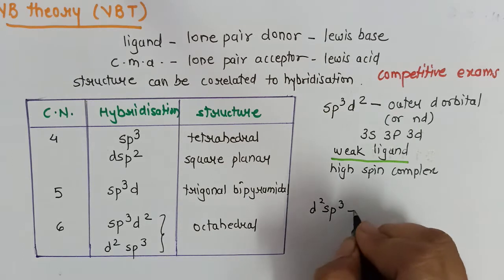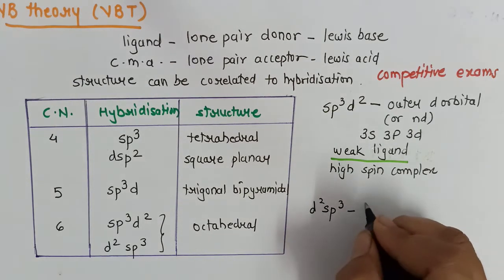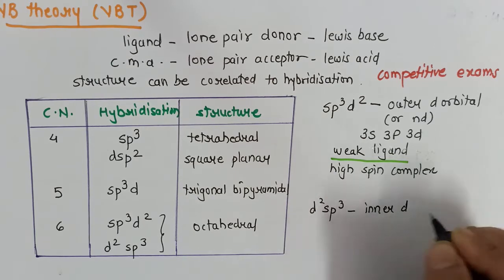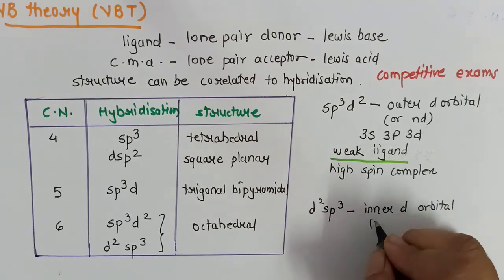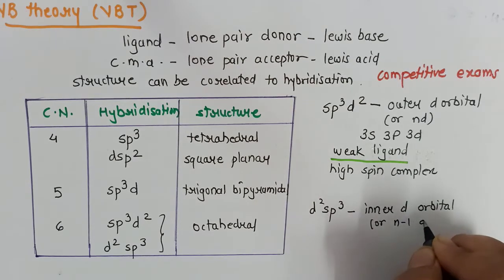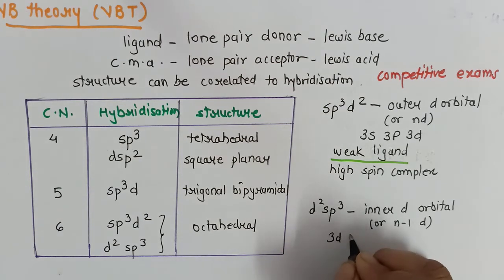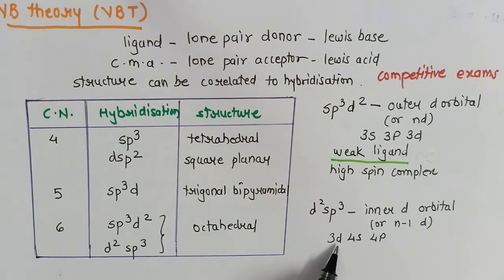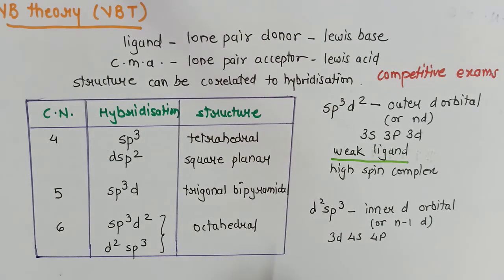Now d2sp3 hybridization. In d2sp3 hybridization, inner d orbital is involved in hybridization, or I will say (n-1)d is involved in hybridization. For example, it will be 3d, 4s, 4p. So inner d is getting involved in hybridization, so it will be d2sp3 hybridization.